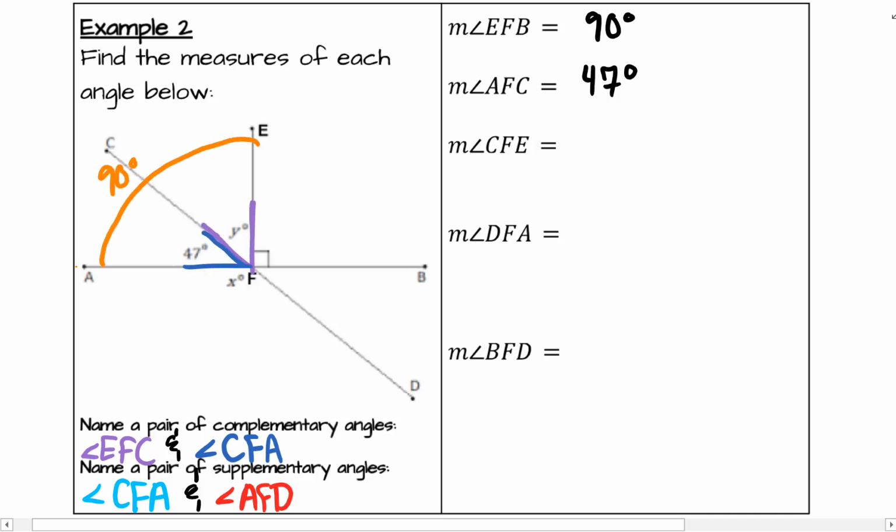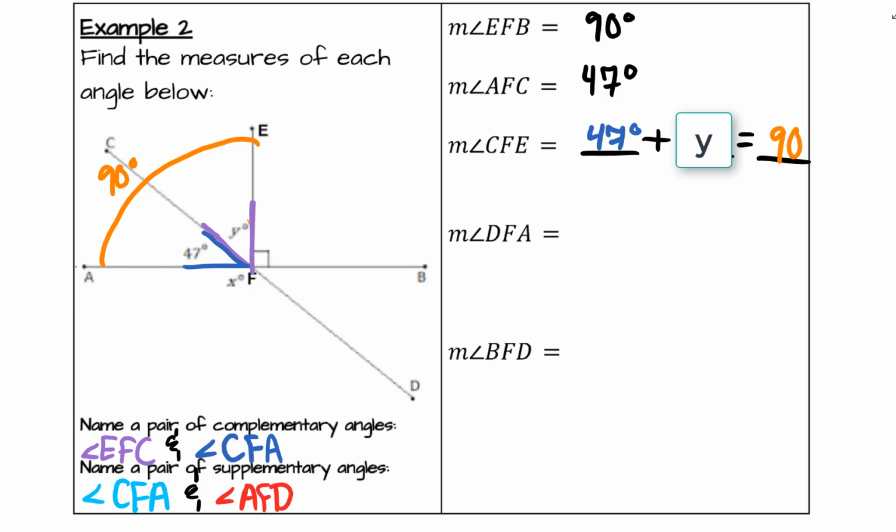So we can solve for angle CFE, which is also labeled as Y degrees, by saying part plus part equals whole. To solve for Y, we'll subtract 47 on both sides, and Y is equal to 43 degrees.